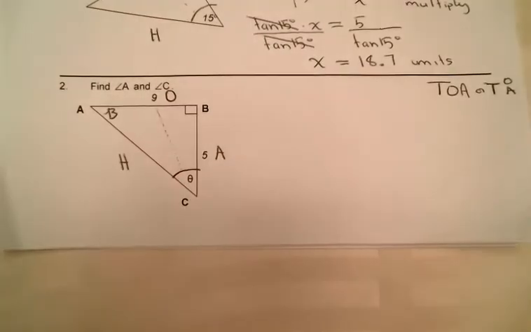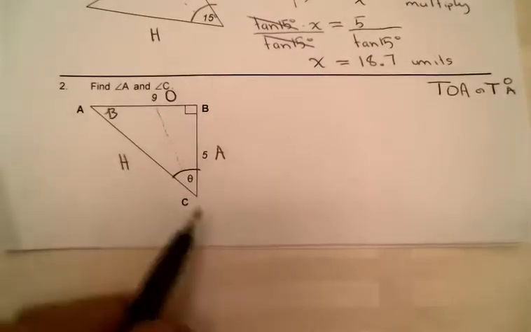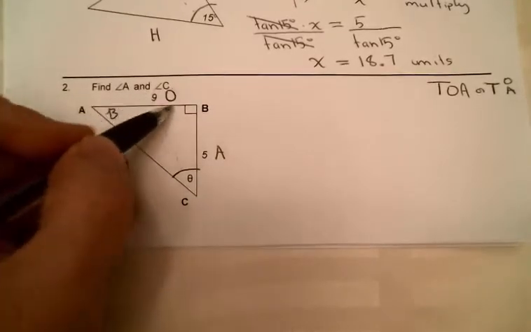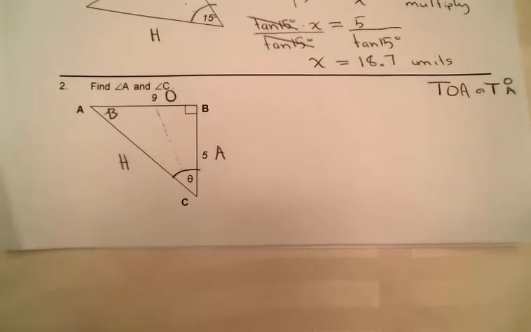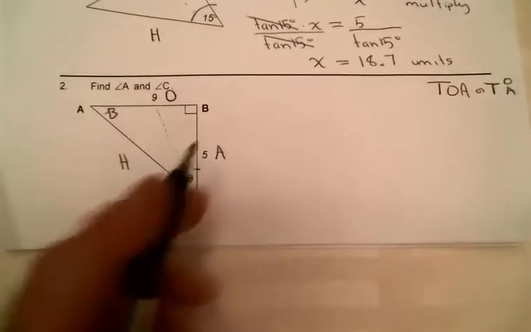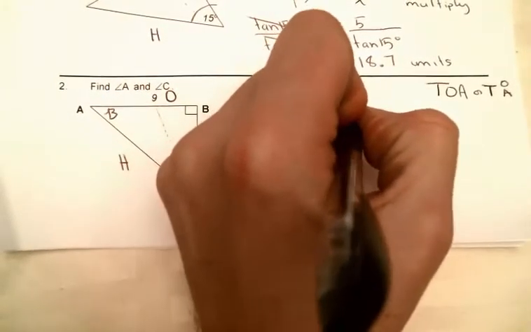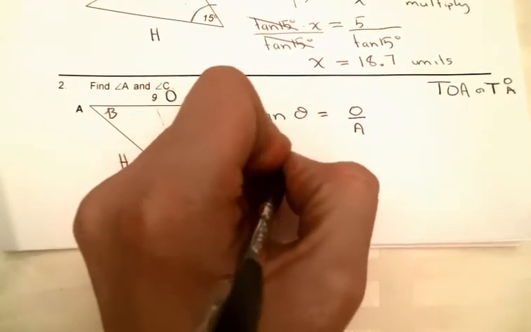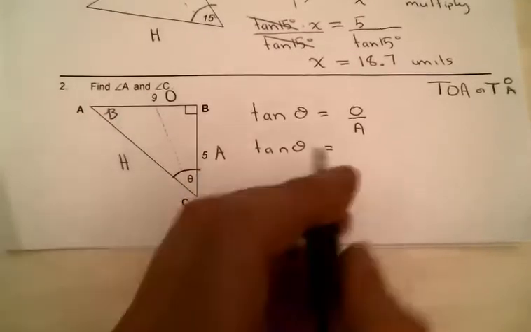So again, we're doing a tan lesson, and it's going to work out that off of theta here, we have the 9 as our opposite and 5 as our adjacent. And that's what we want, opposite and adjacent. We have those two. So tan of theta is opposite over adjacent. Tan of theta is, well, 9 over 5.